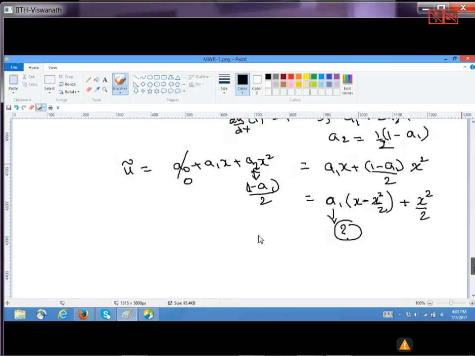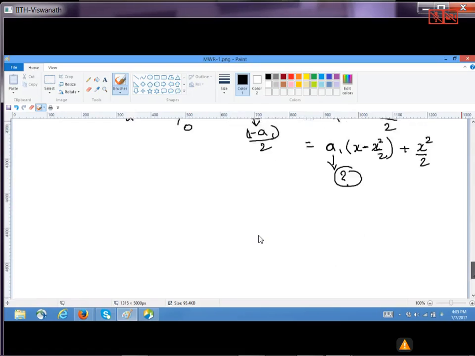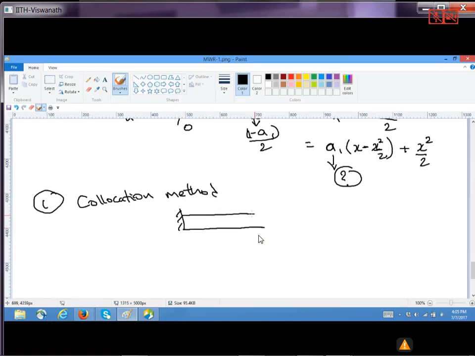Now in the collocation method, whatever is the boundary condition, you apply the boundary condition.